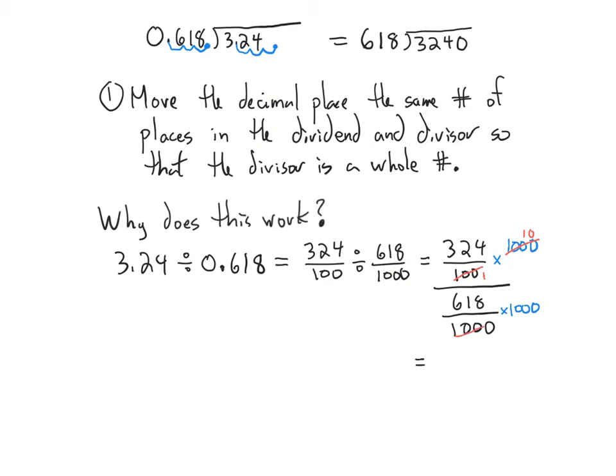And 1,000 divided by 1,000 is, of course, 1. That's why we multiply top and bottom by 1,000. So this becomes 324 times 10, which is 3,240. And we just have 618 in our denominator.